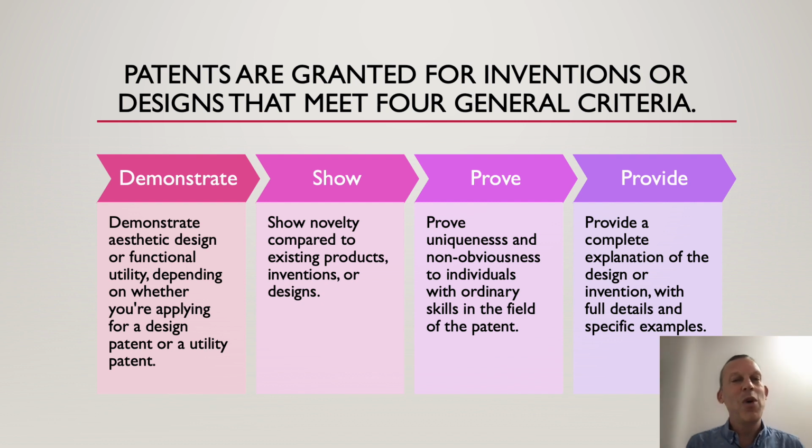It usually won't work just with words themselves, and at least for me, I am not an artist at all. So I always need to pay somebody to help design the charts and the graphs of anything I'm working on. But these are the 4 things that make something patentable.